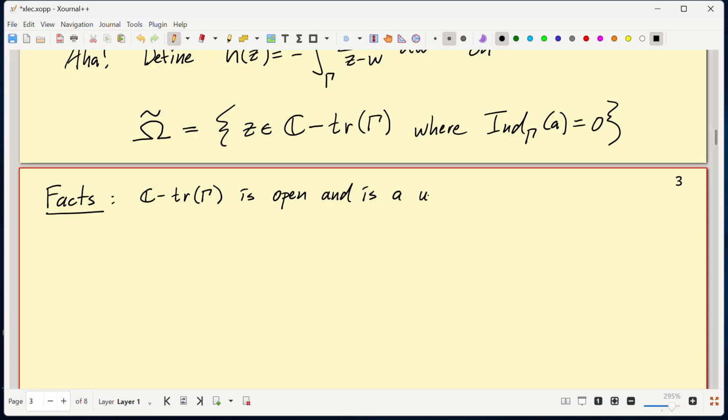We don't have to even think about it being finite, but in the pictures it's always finite. It is open and is a union of connected components.